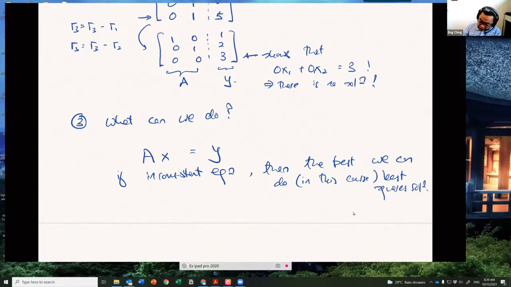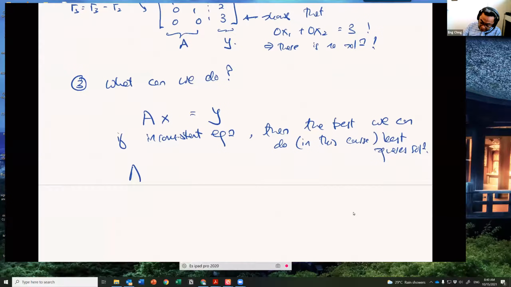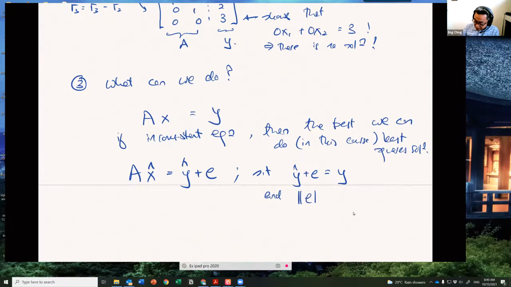By least squares, it means we find an x hat, so not x anymore, and it will not be equal to y anymore. We call it y hat, and then plus e. So what we want is such that y hat plus e equals y, because we still want to get y, and the norm of e, the length of e, is minimum.